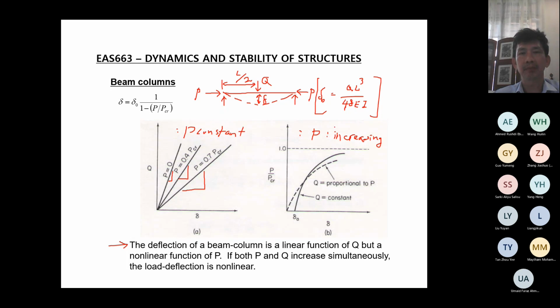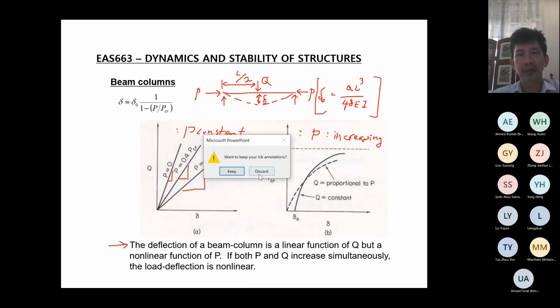If P is not kept constant, you increase the P, then either with Q constant or Q changing together with P, you get a non-linear response. This is the important thing that you need to take note of. So the deflection of a beam column is a linear function of Q, provided that P is constant, but a non-linear function of P, that is, if P is increasing.